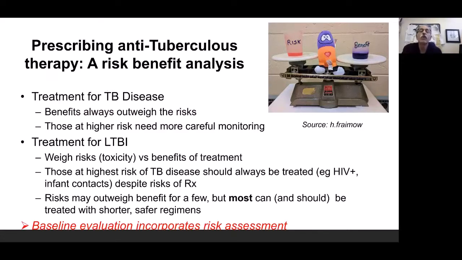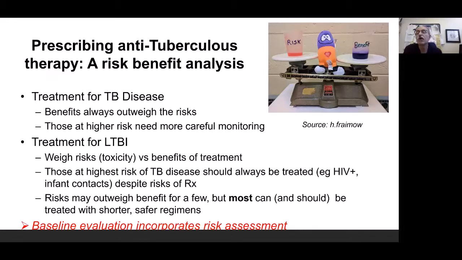When we treat TB disease, the benefits almost always outweigh the risks. I'm not going to say always, because there are very rare cases where you might not treat TB disease. However, those who are at higher risk are going to need to be monitored much more carefully.